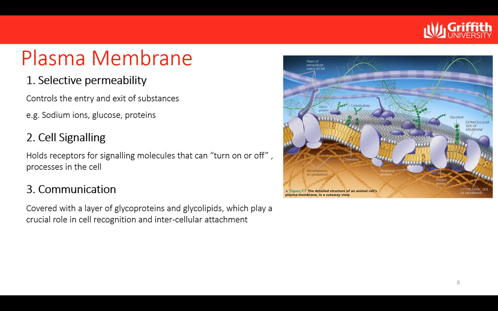Some of the major functions of the plasma membrane include selective permeability, by which it can control the entry and exit of substances such as sodium ions, glucose, and proteins; cell signaling, as it holds receptors for signaling molecules that can turn on and off processes in the cell. The plasma membrane is also covered with a layer of glycoproteins and glycolipids, which play a crucial role in cell-to-cell communication, such as cell recognition and intracellular attachment.